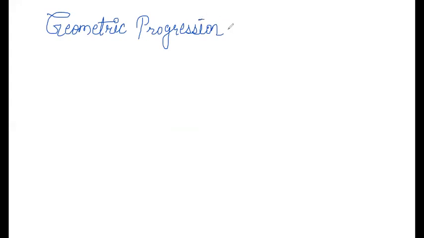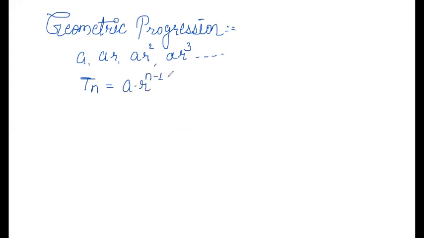Now after this, we are taking the examples of geometric progression. As we know the series of geometric progression, that is A, AR, AR square, AR cube and so on. And nth term of geometric progression, that is Tn, is equal to A into R raised to n minus 1.